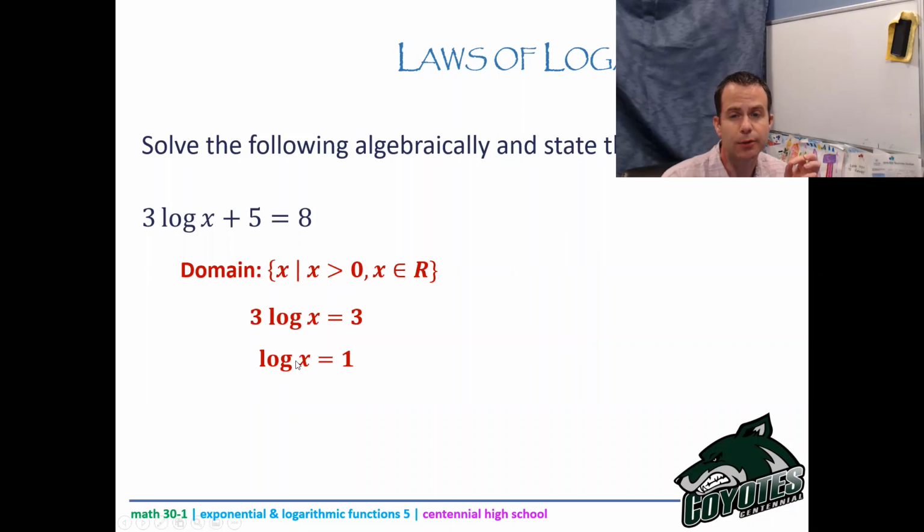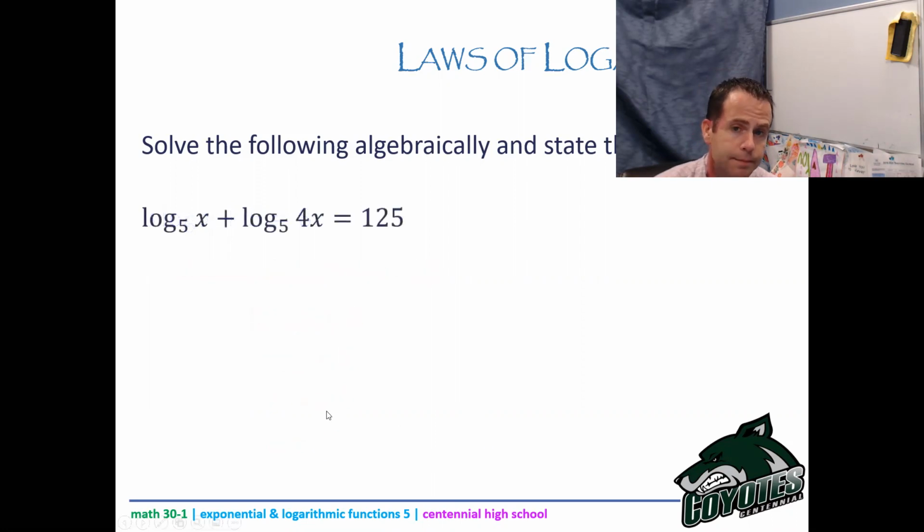So if I was now to convert this to exponential form, the base becomes the base. The one that was locked, which is the x right now, will be free, and the one that was free will be locked. So that's going to be x equals 10 to the 1. Now 10 to the 1 is just 10. So x equals 10. And that's my answer for the first one.